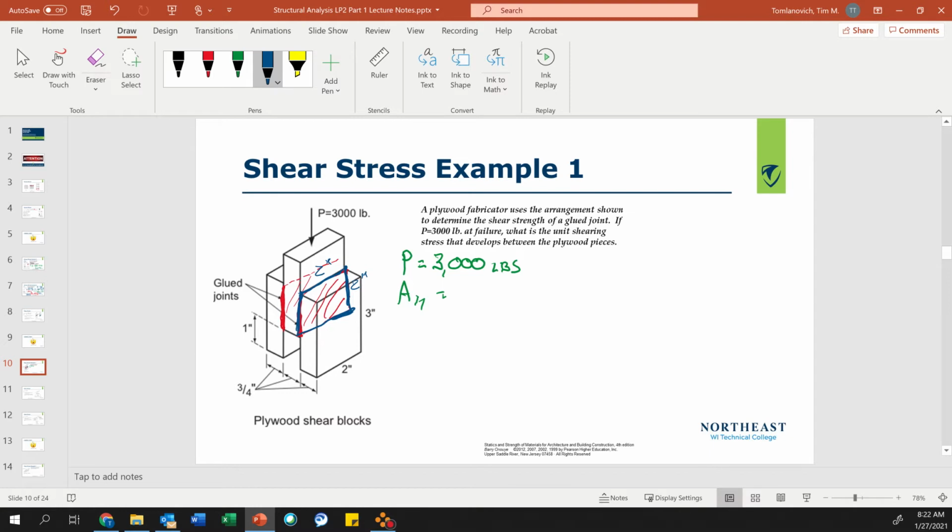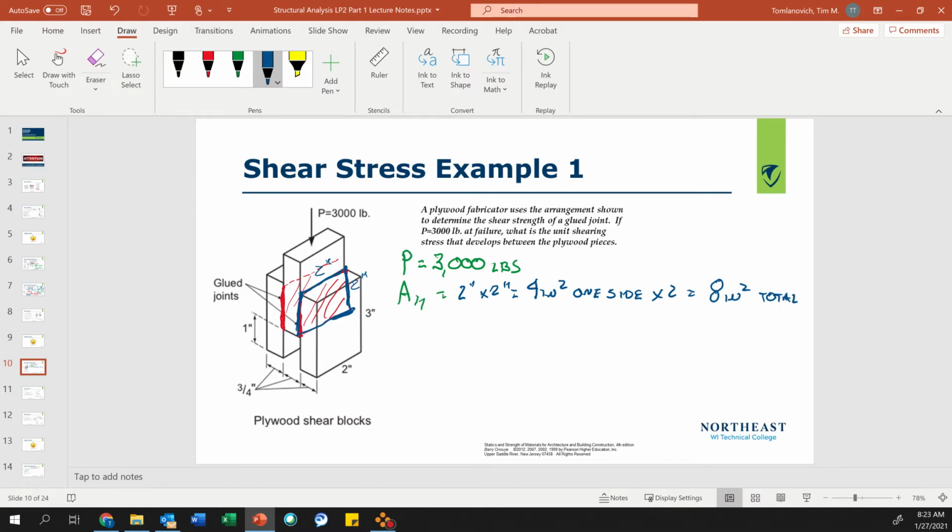So my area is 2 inches by 2 inches, which equals 4 square inches, one side. Times 2, that means I have a total of 8 square inches of area.